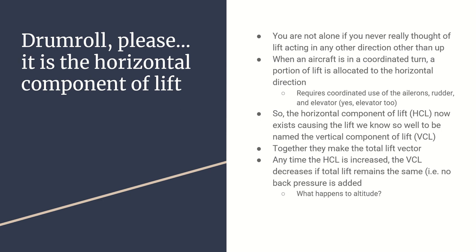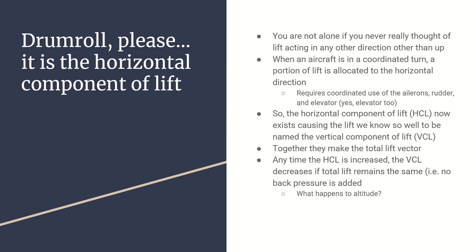So if lift is generated via that disparity in pressure, the high pressure on the bottom, the low pressure on top, just because we've changed the orientation of the wings a little bit doesn't mean that relationship isn't there. It's still there. It just now acts in a different direction. So lift altogether acts in sort of a diagonal direction, and this is what we call total lift. Okay, so total lift acts in a diagonal direction.